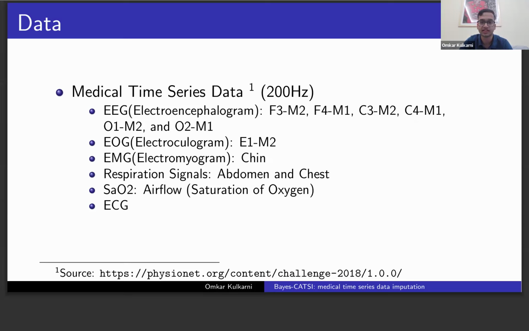There are six brain channels recorded using electroencephalograms, one channel from electrooculograms, one from electromyograms, two respiration signals, one SaO2, that is saturation of oxygen, and an ECG wave, which is from an electrocardiogram. The frequency of all of these time series was 200 hertz.